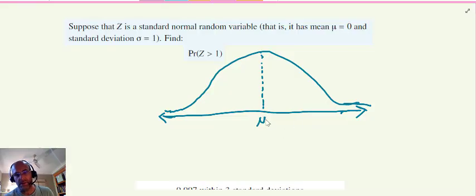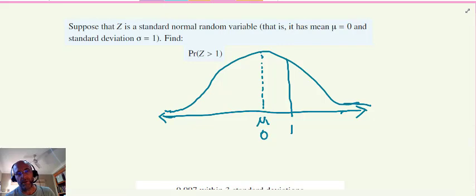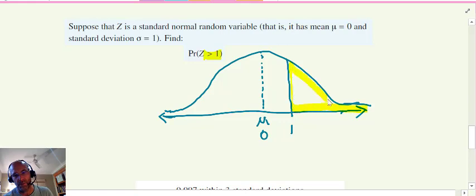You see, if we've got a normal distribution, it's a standard normal distribution, mu's there at 0, and we've got numbers of standard deviations. Okay, and if it's greater than 1, we're referring to this portion, this area of the graph here.